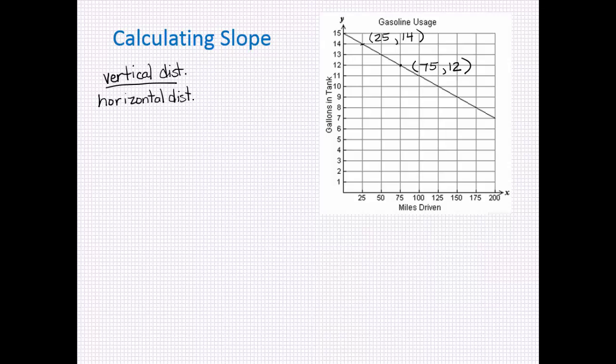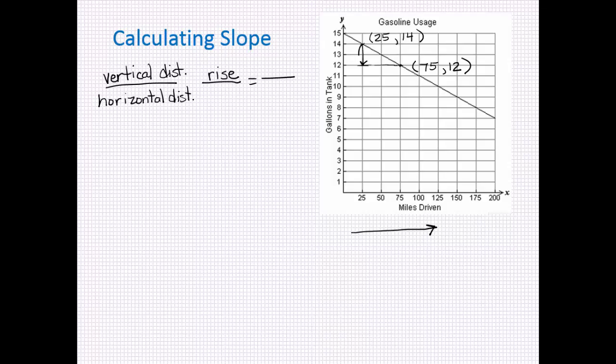The vertical distance goes from here down to a point that's level with the other point. Okay? We call that rise because when it's going up, it's positive. In this case, as I move from left to right on my graph, the rise is actually dropping. So it's going to be a negative amount.